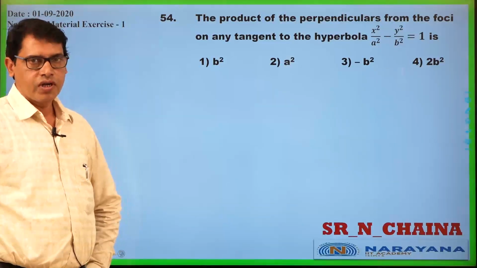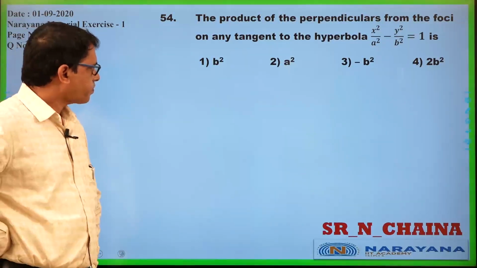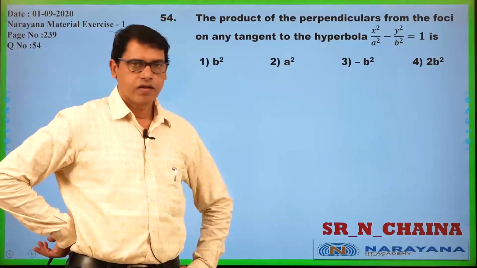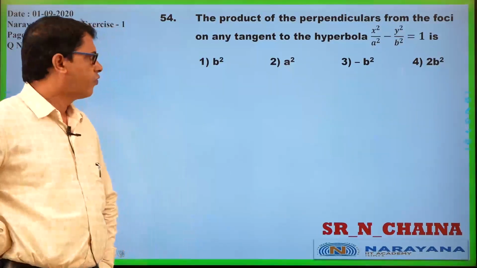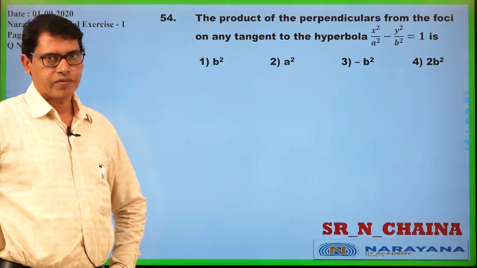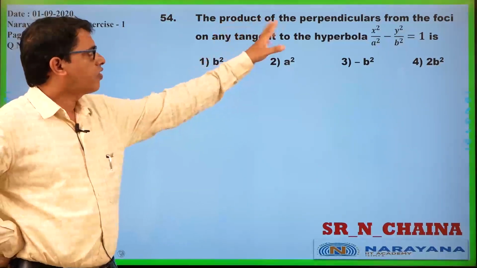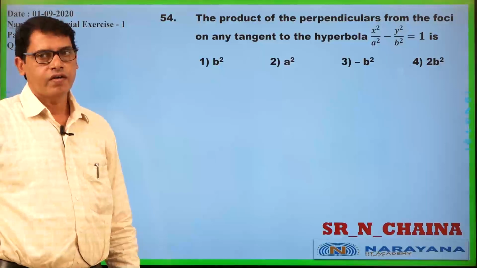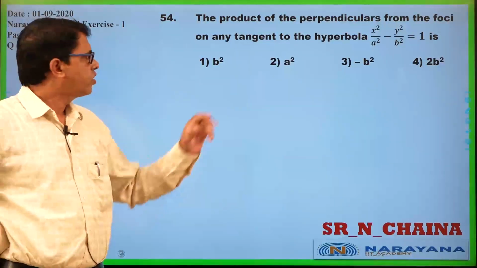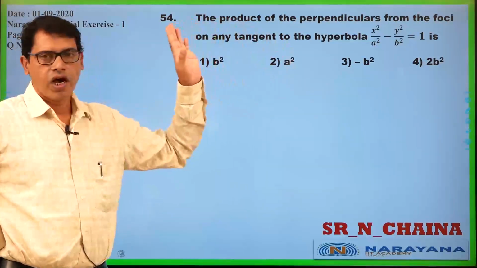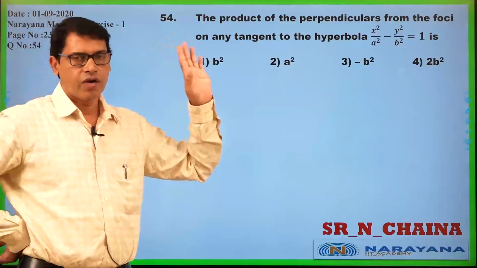Here the options are: first one is ab square, second one is a square, third one is a minus b square, and fourth one is 2b square. Okay? See here, we have to find the product of perpendiculars from where? From the foci to what? To any tangent on the hyperbola. Any tangent on the hyperbola.